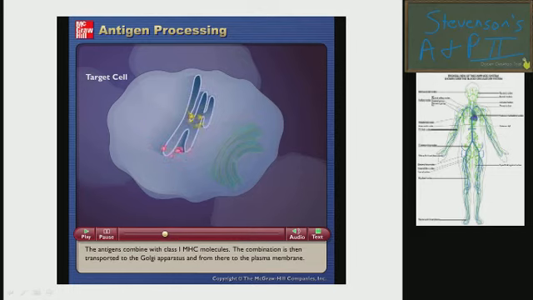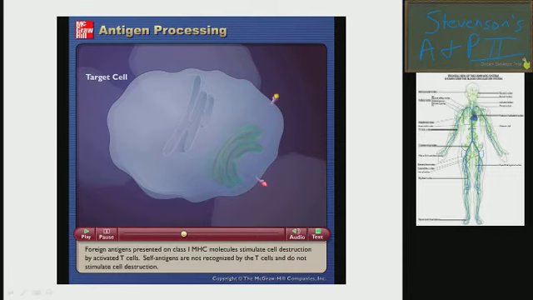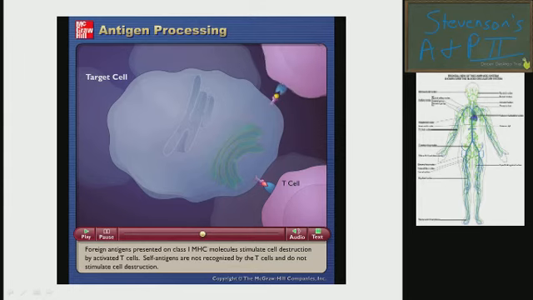The antigens combine with class 1 MHC molecules. The combination is then transported to the Golgi apparatus, and from there to the plasma membrane. Foreign antigens presented on class 1 MHC molecules stimulate cell destruction by activated T cells. Self-antigens are not recognized by the T cells and do not stimulate cell destruction.